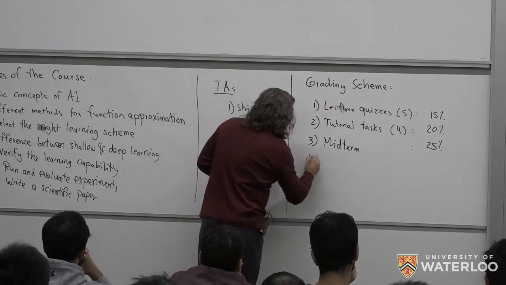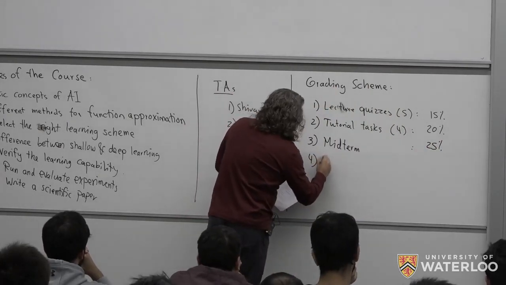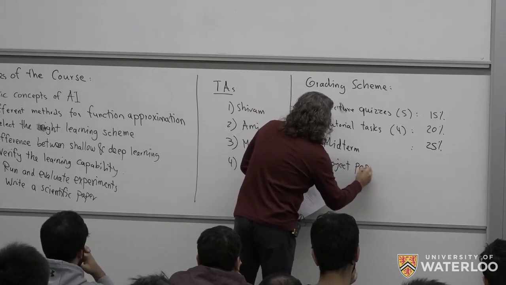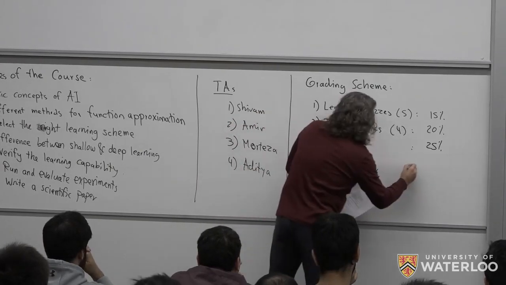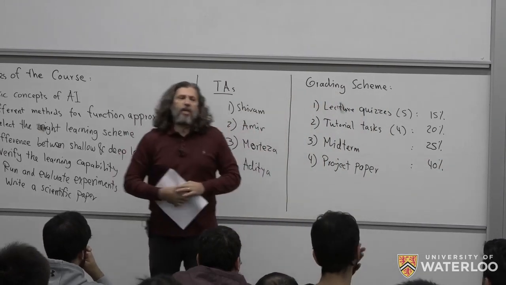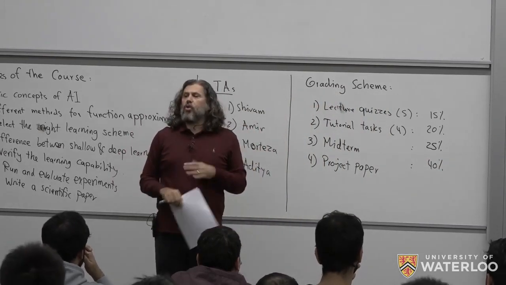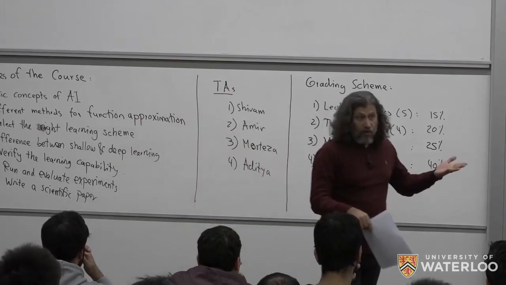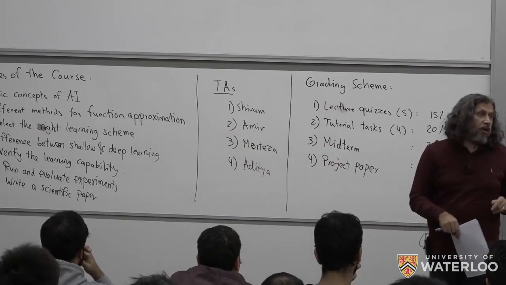And of course, this course is fundamentally about a project paper, which amounts for 40% of the marks. So project paper means as an individual student or as a group, which could be 2, 3, or 4, if the problem is difficult enough.